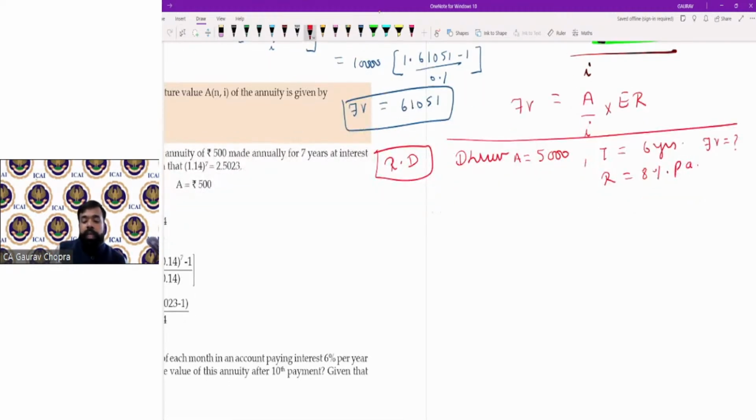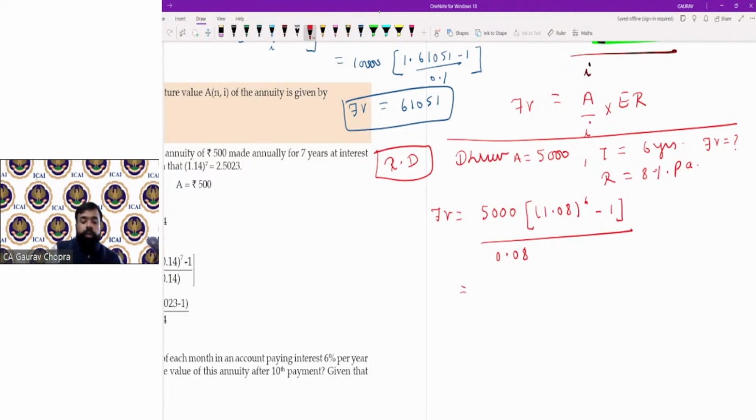So let's apply the formula. Future value equals annuity, which is 5000, then 1 plus i, so 1.08 whole to the power of 6 minus 1, and then divided by i. What is the rate? 8%, so 0.08.